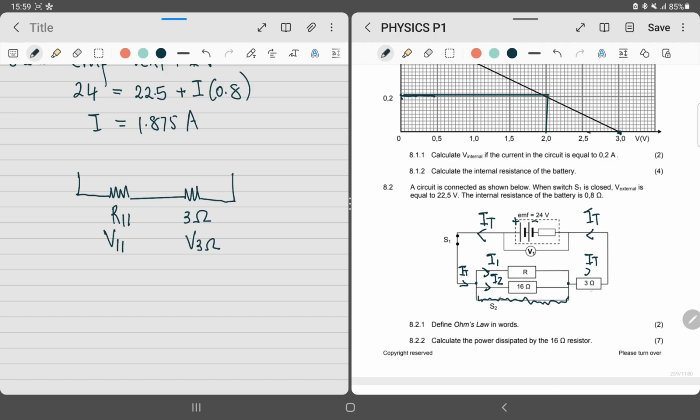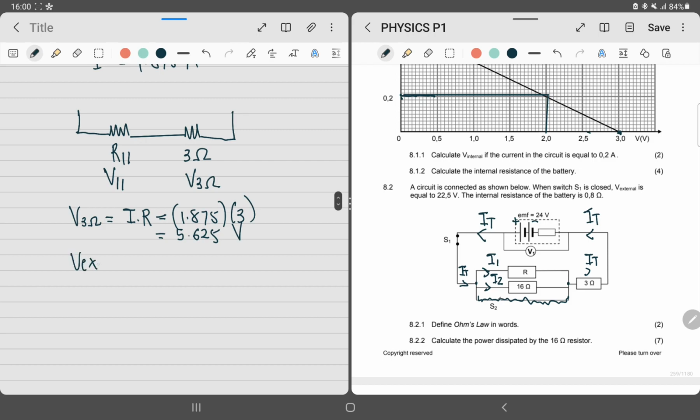So it's possible for us to calculate the voltage through the 3 ohm resistor because we have the total current. The current is 1.875. The resistance is 3. I'm getting 5.625 volts.